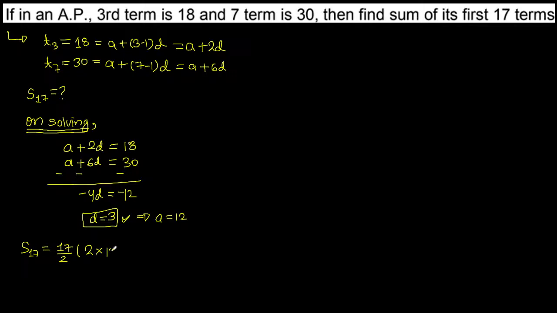So 2a plus n minus 1 into 3, this is 17/2, this is 24 plus 48, this is 736 into 70. You can calculate this value.